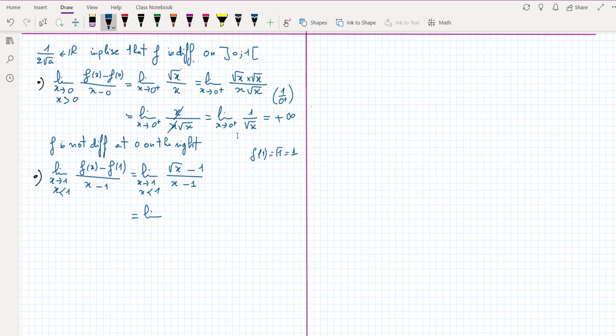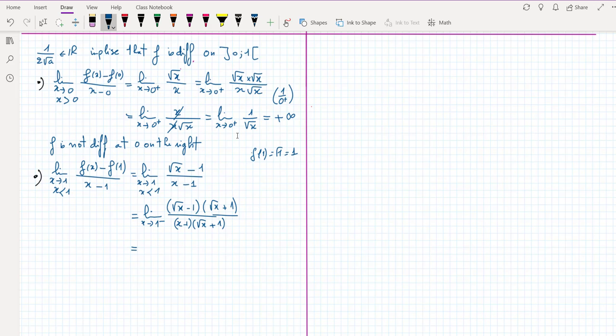Now we will multiply by the conjugate of root x minus 1, which is root x plus 1, over x minus 1 times root x plus 1.